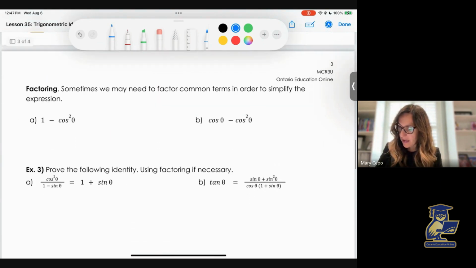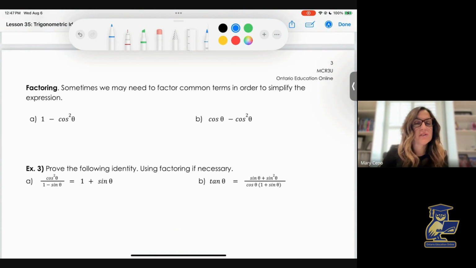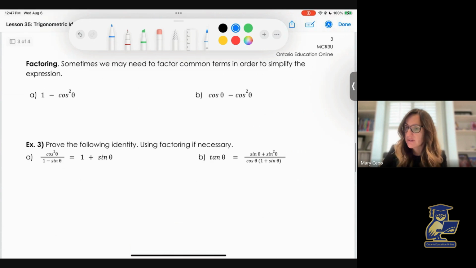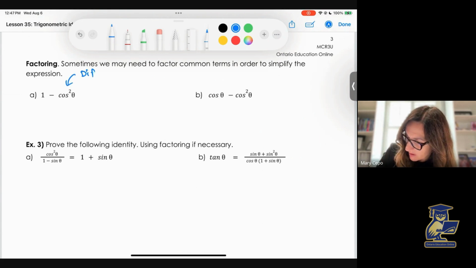Okay, so sometimes we have to factor. So sometimes we may need to factor common terms in order to simplify the expression. So when we have something like 1 minus cos squared theta, that's a difference of squares. So again, see how much factoring is important. So I'm going to remind you, that's a difference of squares. Keep in mind, this is a perfect square.